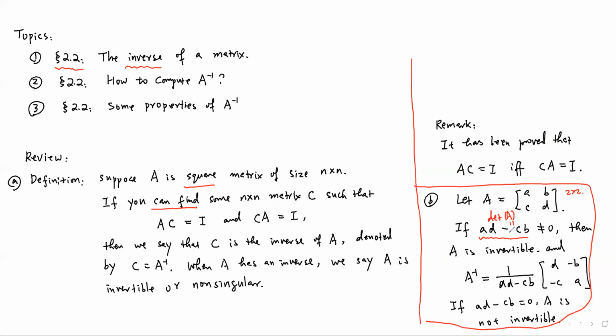How to tell the matrix is invertible? The theorem is the following. Let me present the theorem here.